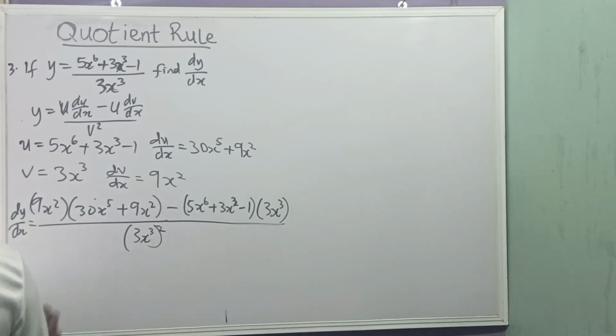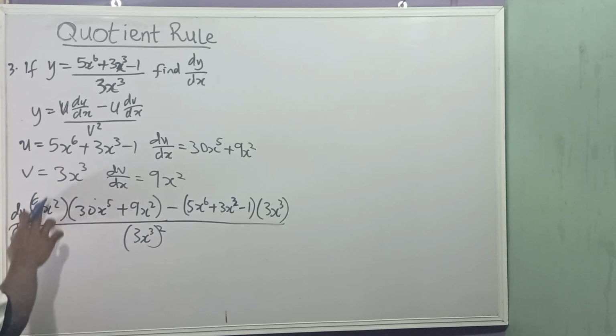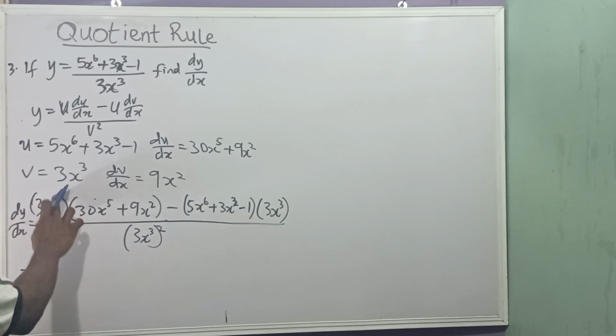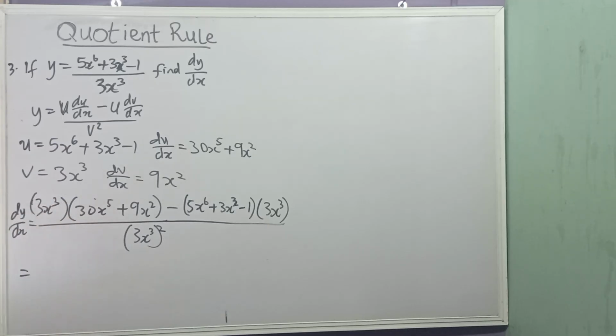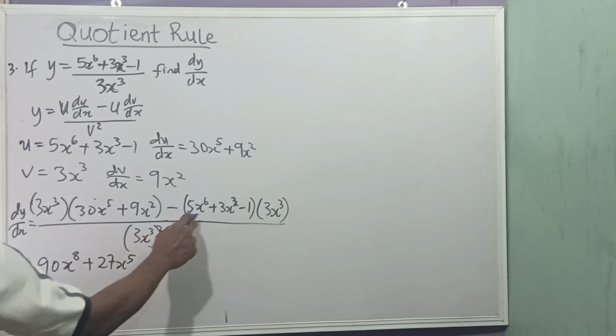So this gives us, expanding this, 30 times 9. Sorry, our v is 3x cubed. Okay, so 3 times 30 gives us 90x raised to the power 8 plus 27x raised to the power 5.